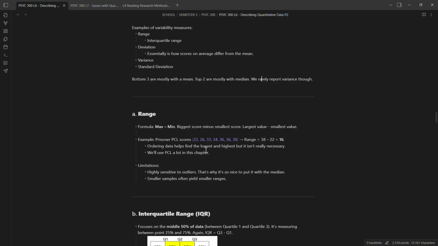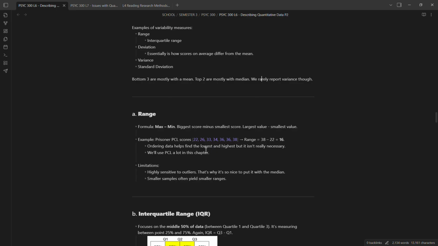So range is very simple. Range is max minus min. You take the biggest score and you subtract the smallest score in a data set, for example. Largest value minus smallest value. Ordering data helps find the lowest and highest, but it's not really necessary. We're going to be using this data set of PCL scores: 22, 26, 33, 34, 36, 36, 38.